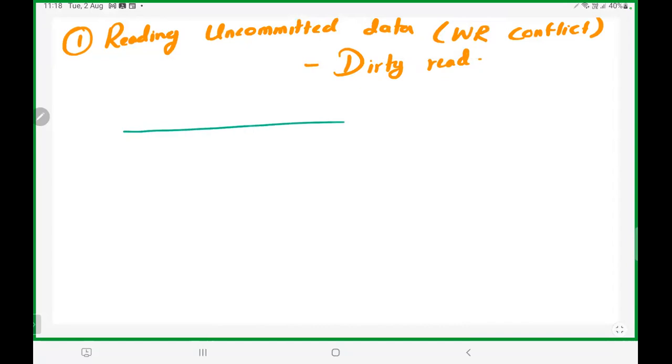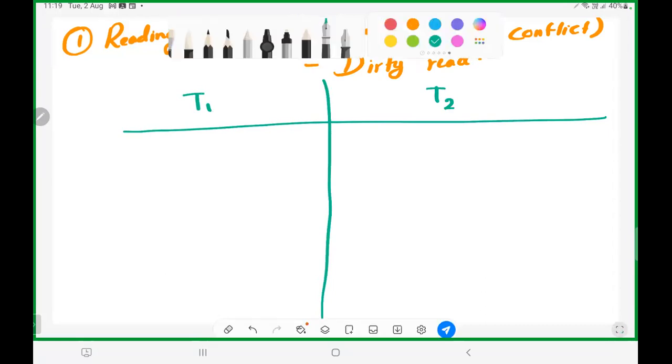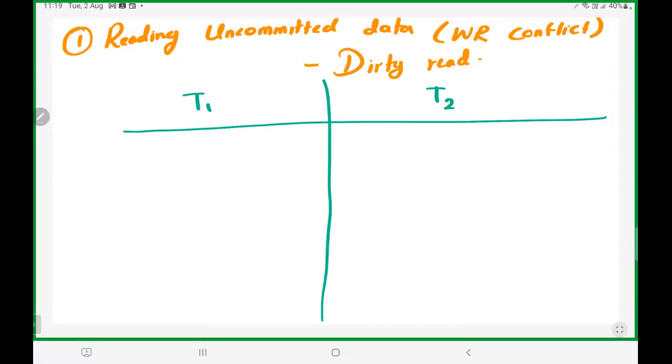Just think there are two transactions, T1 and T2. Right? Just think this is the T1 transaction. I will teach how this dirty read happens using this transaction.